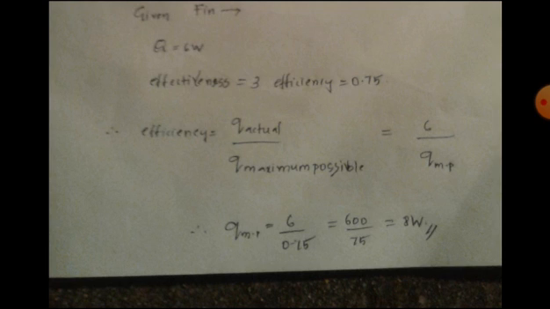Hence we have to find the maximum heat transfer rate. Then effectiveness is not needed for us, it is extra given data. Simply by substituting this efficiency and the actual value you can find the maximum possible heat transfer rate. I am getting the answer as 8 watt.